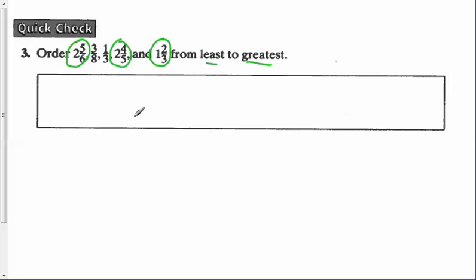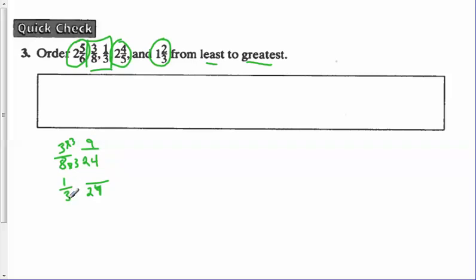So I'm going to first start off by comparing my two fractions here, 3/8 and 1/3. Common denominator between 3 and 8 is 24. I multiplied 8 times 3 to get to 24, so I'm going to multiply 3 times 3, and I get 9.